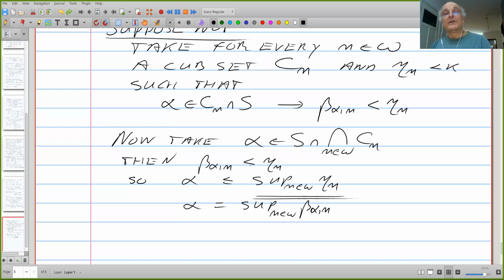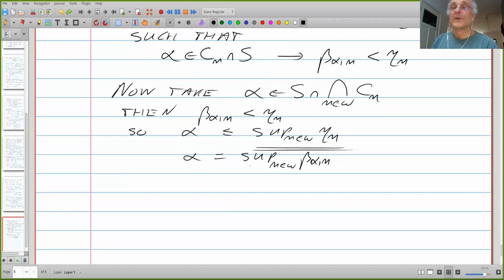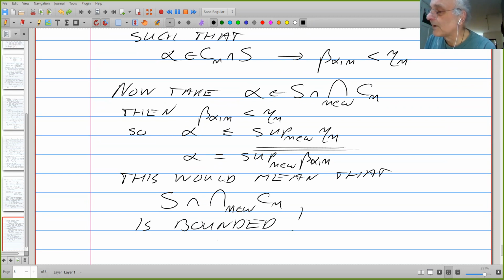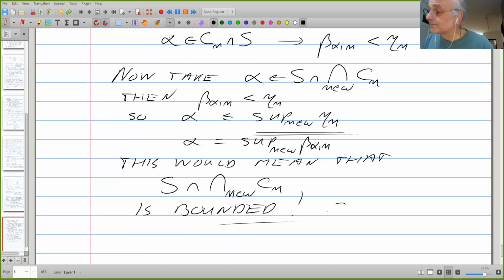That is a bit of a problem, because this would mean that S intersected with this club set is bounded, a contradiction.